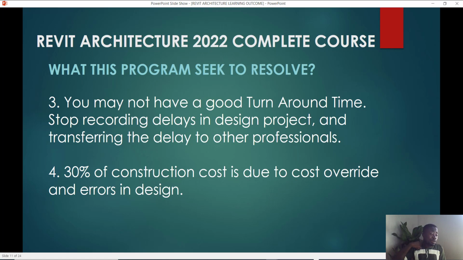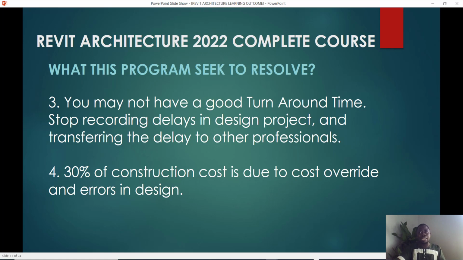So that leads us to number 4, which says that 30% of construction costs is due to cost overrun and errors in design. This is what a research showed: when the project is costed after construction, 30% of the cost of the project was due to cost overrun.